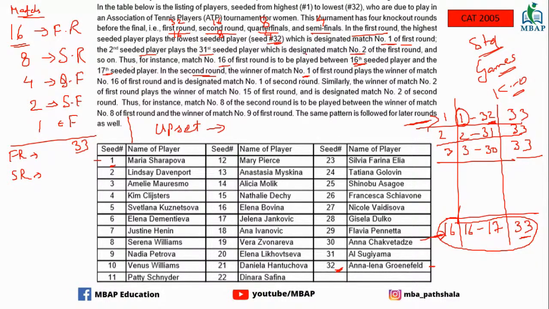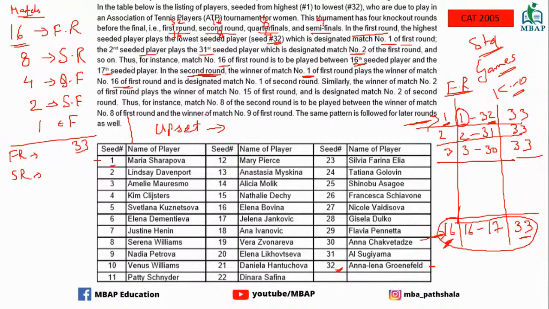Basically, here you see that in the second round, the winner of match 1 of the first round plays the winner of match 16. This was for round 1, the first round that I'm doing. In the first round, there are a total of 16 matches. The first match is this, and the last match is this.